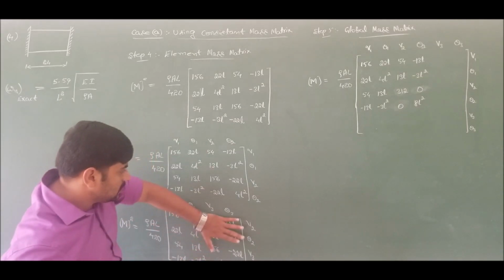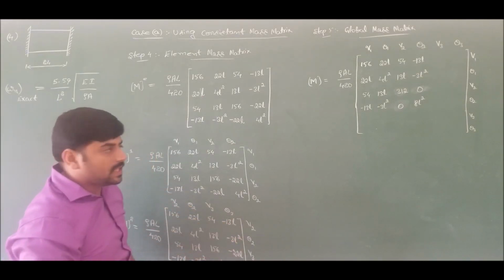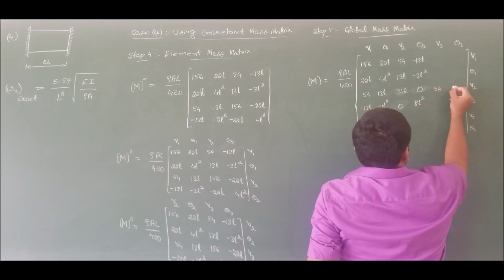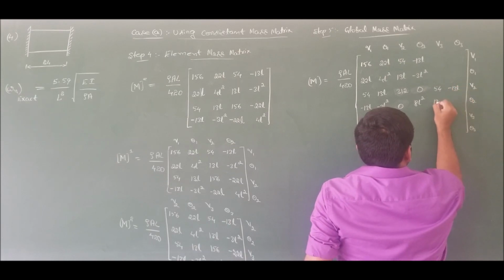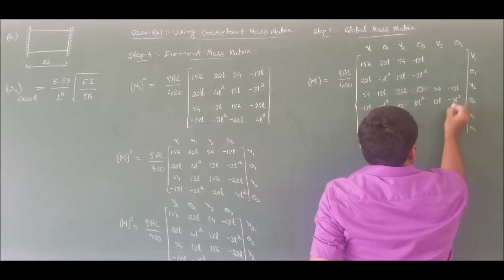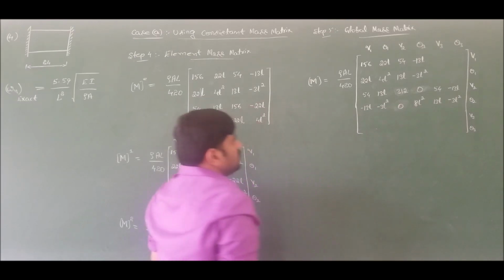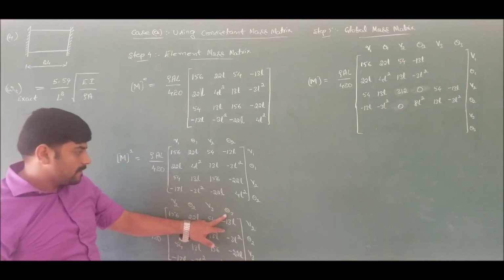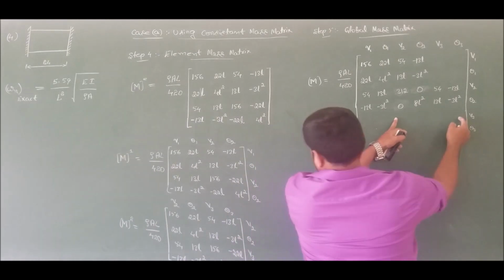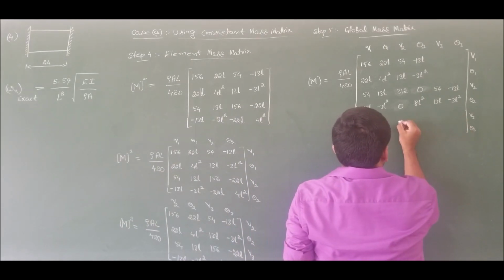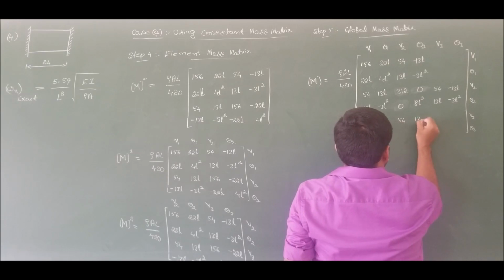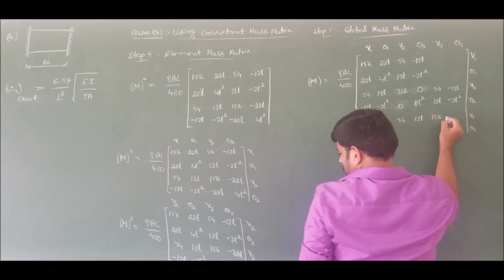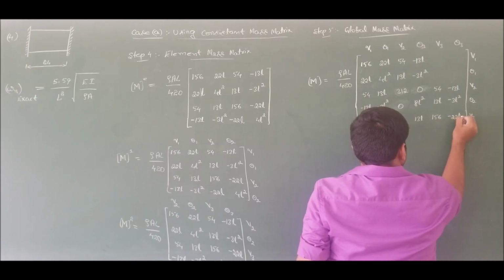Now coming to these 4, V3 theta 3 cross V2 theta 2. So for V3 theta 3 cross V2 theta 2 we will get 54, minus 13L, 13L, minus 3L square. Now coming to the last 2 rows, it starts at V2 and ends at theta 3. So starting at V2, ending at theta 3, if I fill, I will get values as 54, 13L, 156, minus 22L.